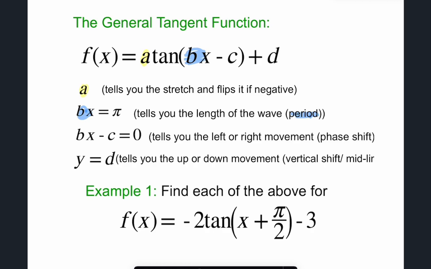In the past, we always set that equal to 2 pi. What do we have to set it to for a tangent? We have to set it to pi because the starting period is pi. So that's what we relate it to. We still get a phase shift by putting the entire parenthesis equal to 0. That hasn't changed. And this value out here is still our vertical shift or midline.